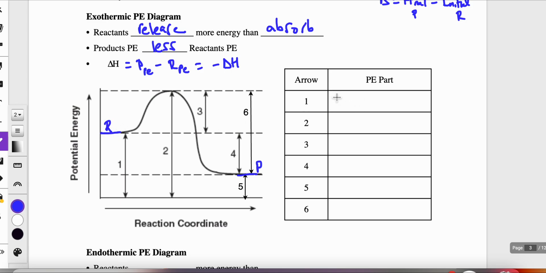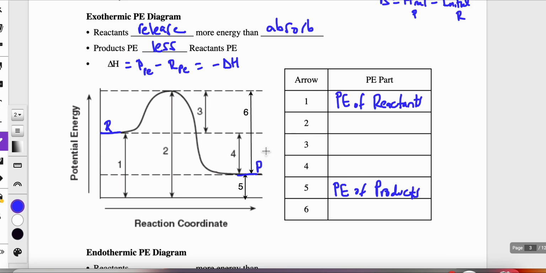So arrow 1 represents the potential energy of the reactants. I want to skip to arrow 5. Arrow 5 is like arrow 1. It starts at the x-axis, and where it's a little different is that it extends to the platform that we label P for product. So arrow 5 represents the potential energy of the products.